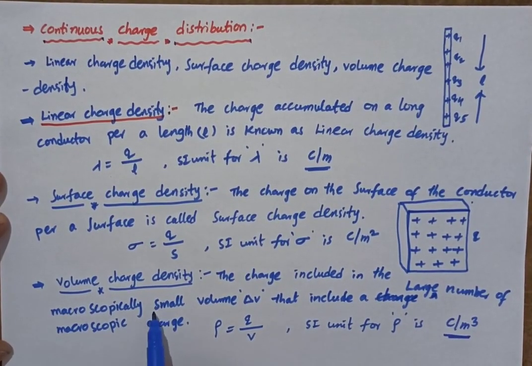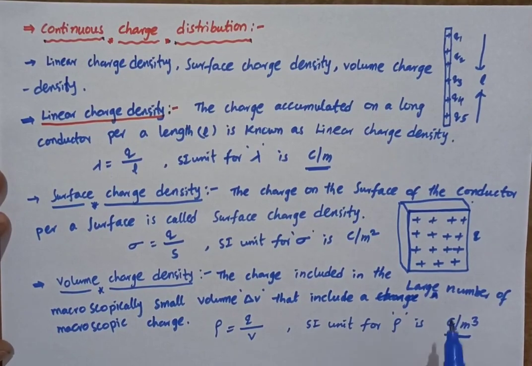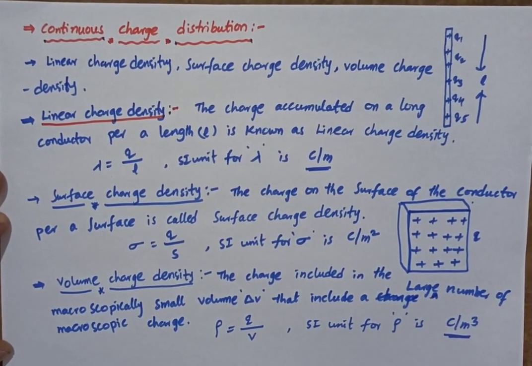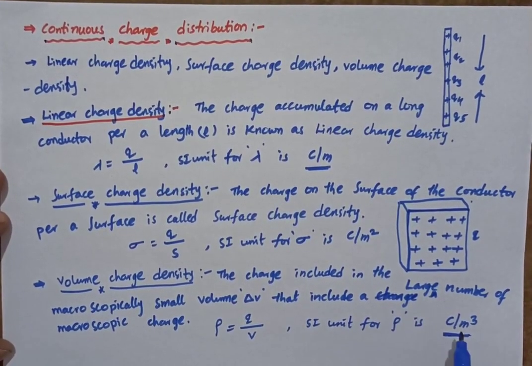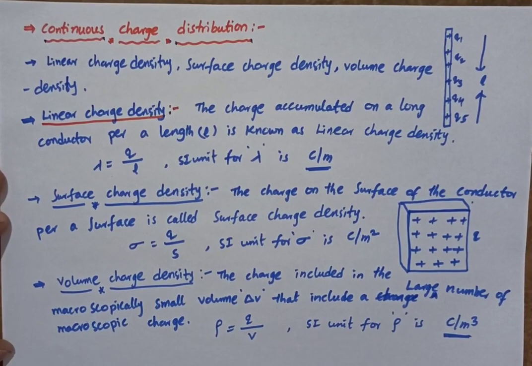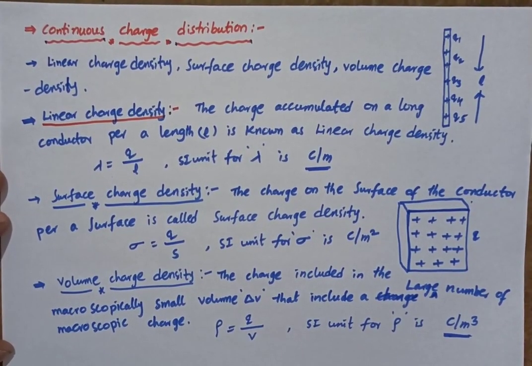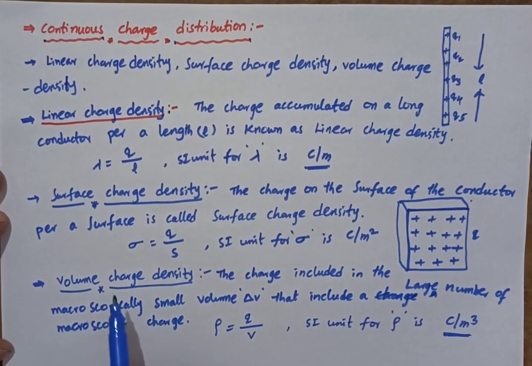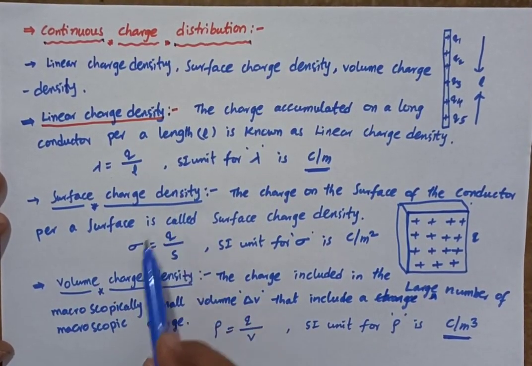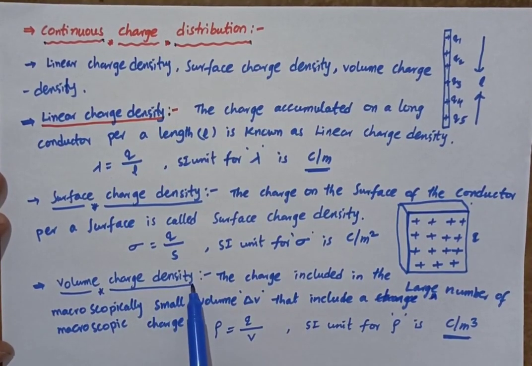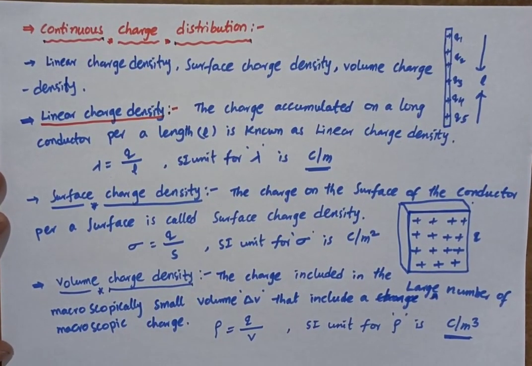For a sphere, rho equals q by the volume of the sphere, which is 4 by 3 pi r cube. So this is about the linear charge density, surface charge density, and volume charge density of macroscopic charge.